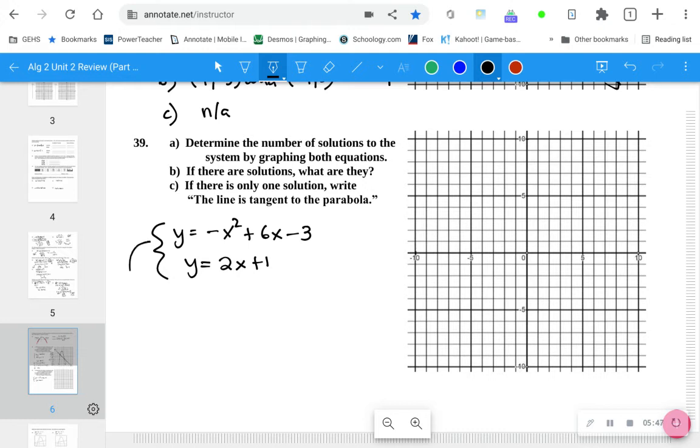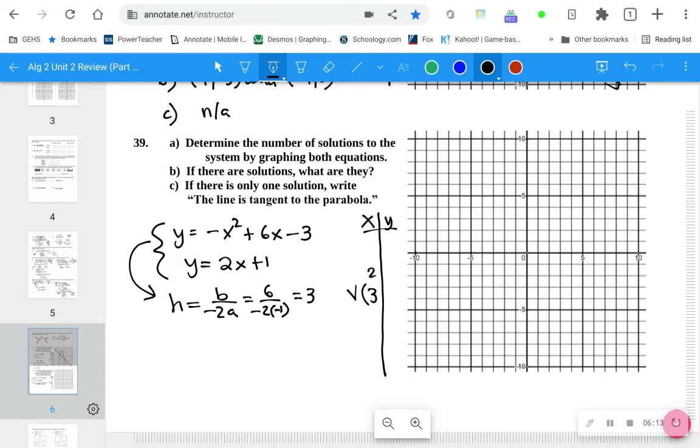In the meantime, let's come on down here and find the value of h. b over negative 2 times a, which is 6 over negative 2 times negative 1, and that turns out to be 3. So our center value here on this t-chart will be 3. Okay, so 2, 1, and 0, 4, 5, and 6 will spread out from there.